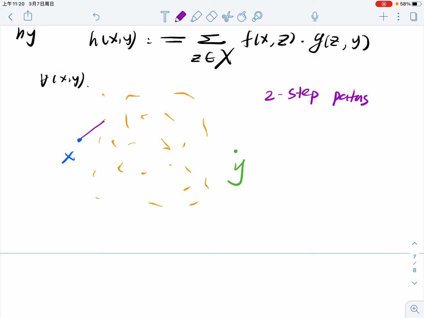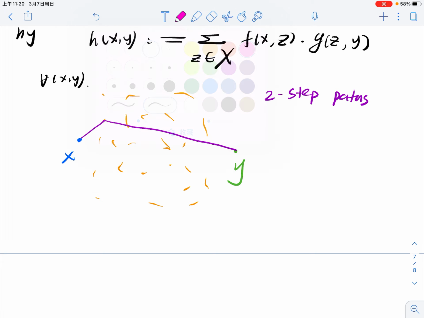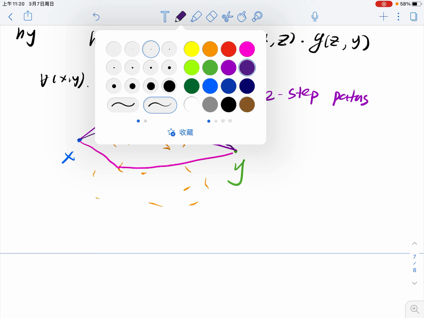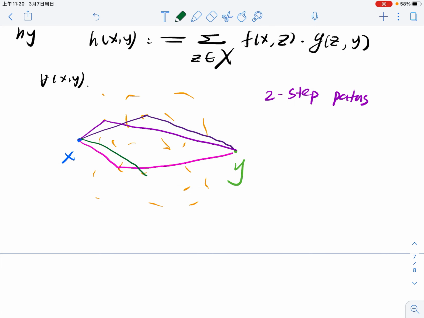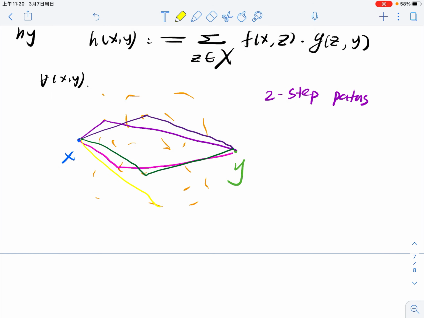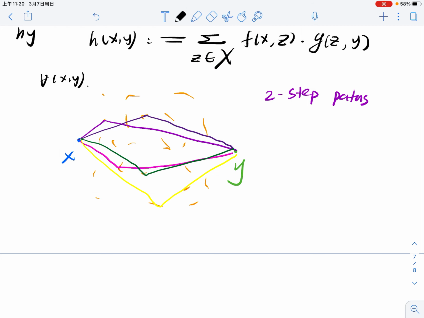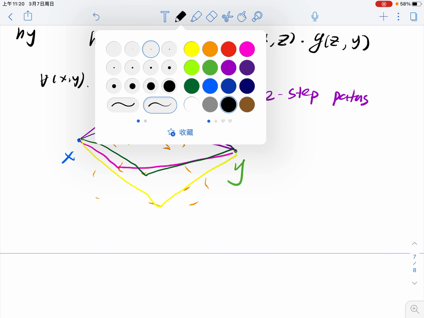So for example, this one, and let me use a different color, this one, this one, this one. So you consider all the two-step paths, and for each path, you assign some basic stuff on it.